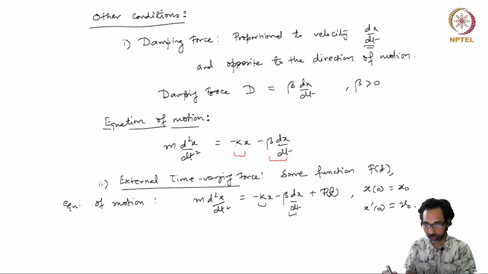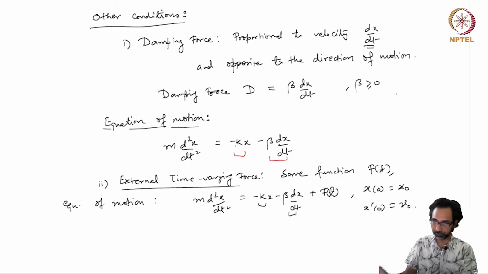This is the case when you have both a damping force and an external time varying force. External time varying forces can also be present without damping forces, in which case beta will be taken to be 0. So here I can just write beta greater than or equal to 0. Beta equal to 0 means there is no damping force.